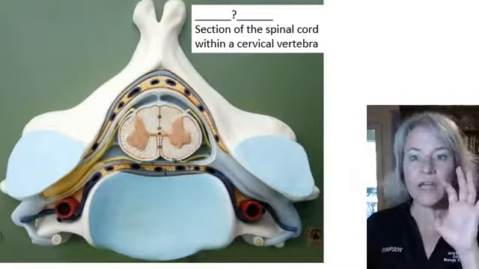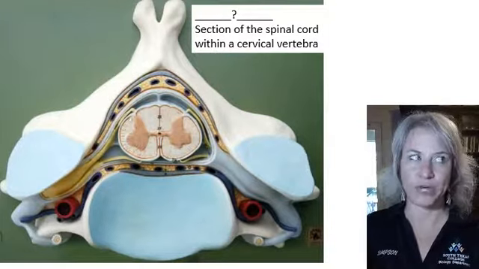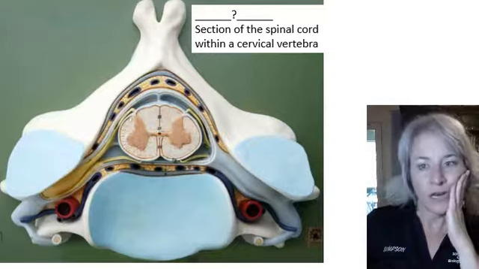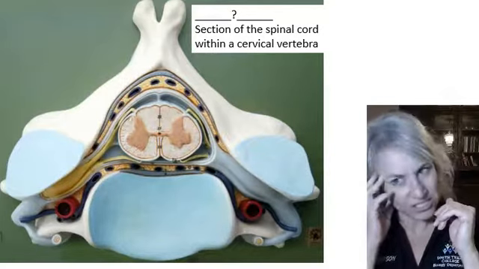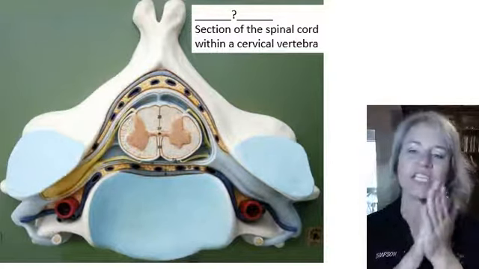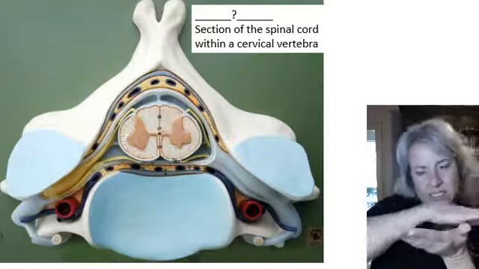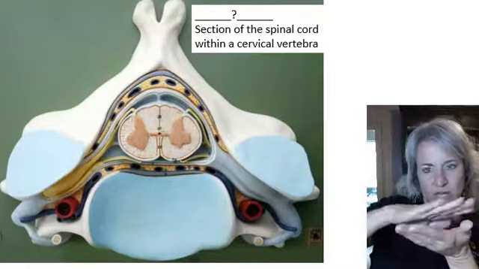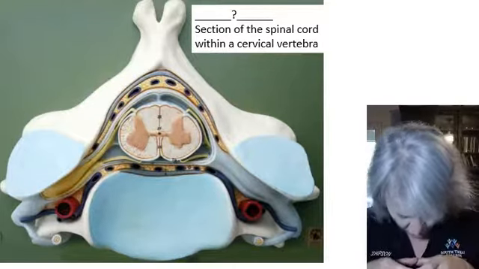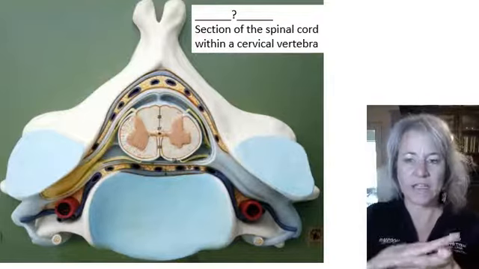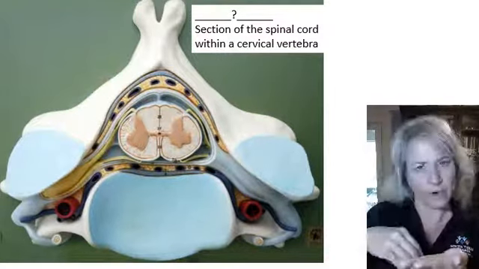For this one, all I want you to know is the name of the model. Now, it has a super long name. We're reviewing the different sections. Which one is this? So the spinal cord has been cut so that we're actually looking at the inferior. It's been cut and separated the spinal cord into superior and inferior parts.